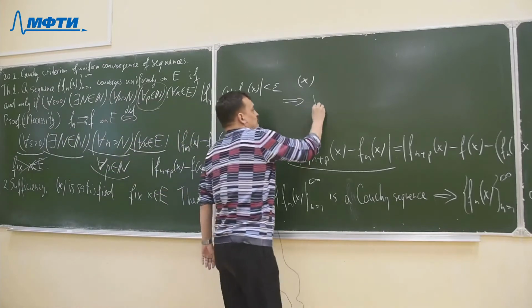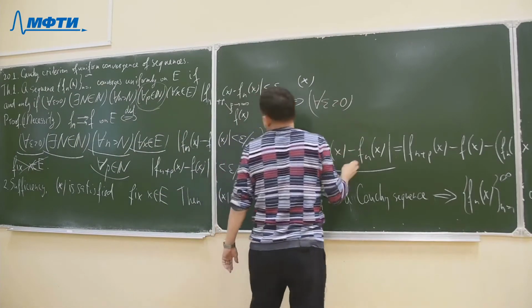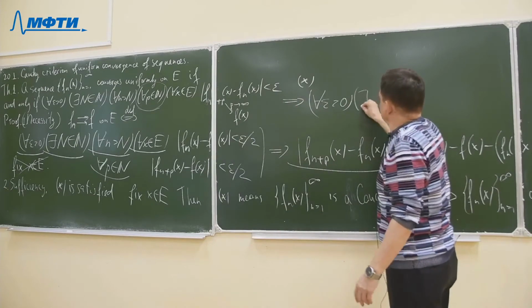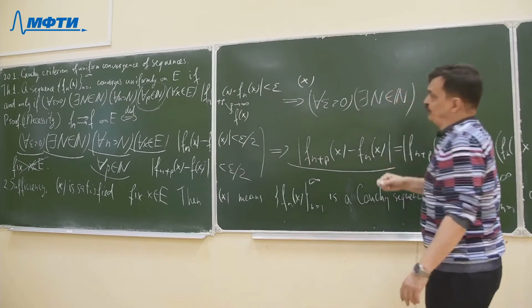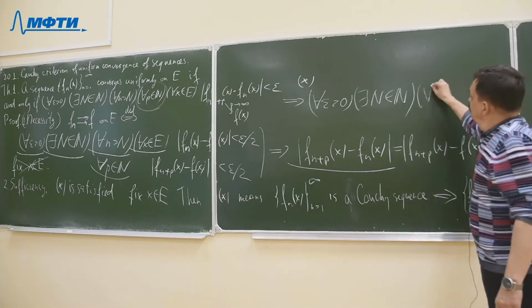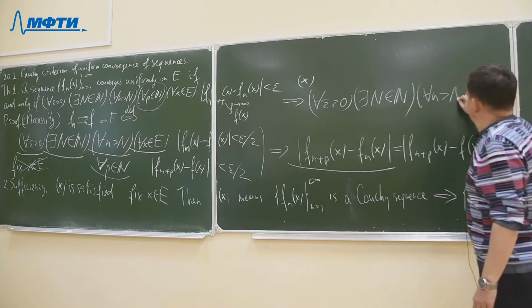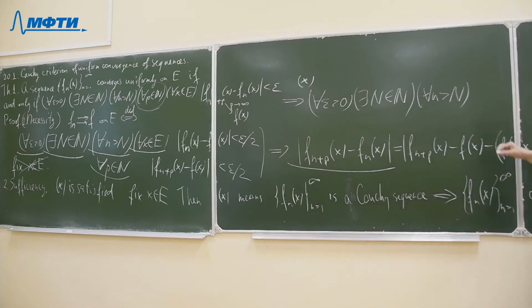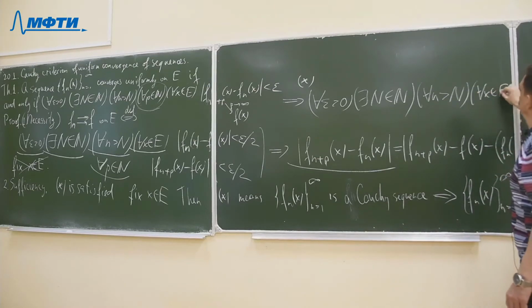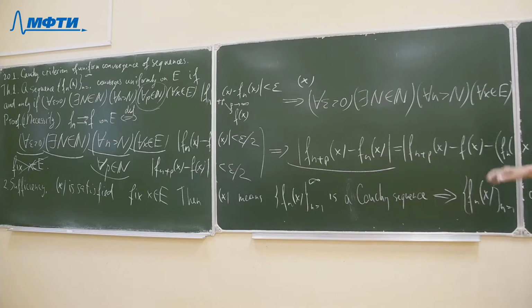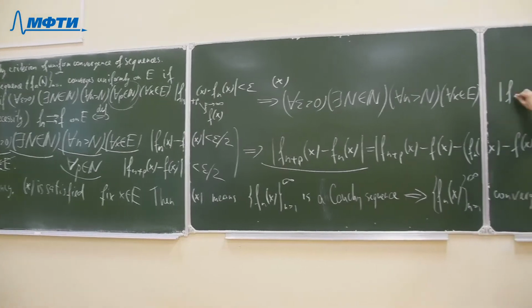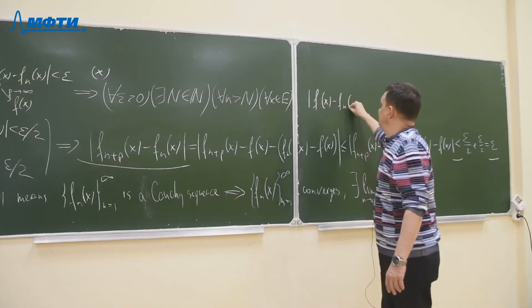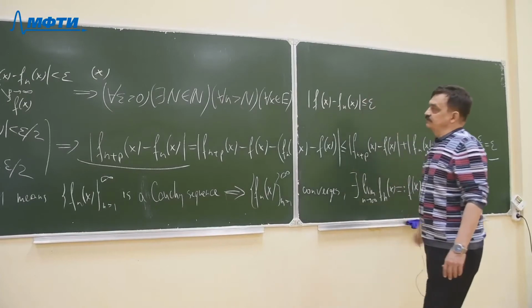Epsilon was arbitrary, capital N was chosen before, and little n and x in E were taken arbitrarily. And so star after taking the limit is transformed into f of x minus fn of x less or equal than epsilon.